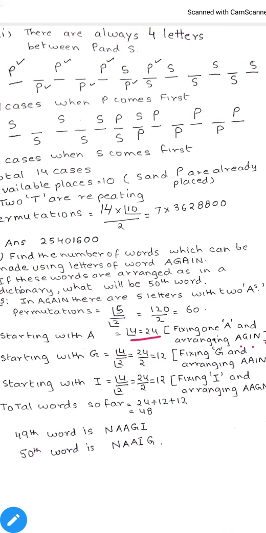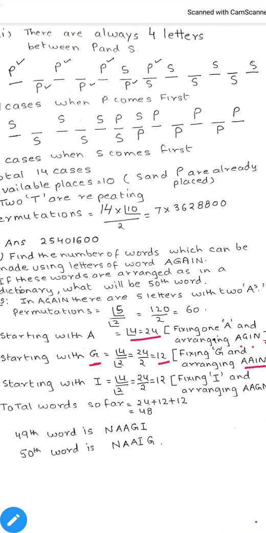If we fix G at the first place, the remaining letters are A, A, I, N. So in this there is repetition of A. So they can be arranged in factorial 4 upon factorial 2, that is 24 upon 2, 12 ways, as you can see.